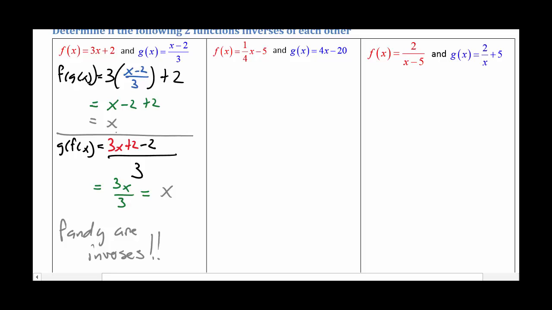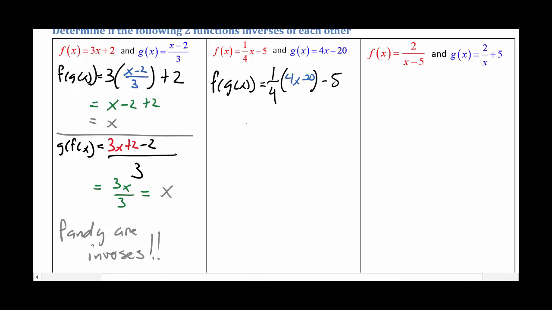So we've got f of x is 1/4 x minus 5, and g of x is 4x minus 20. We'll start with f of g of x. Our outer function is the 1/4 x minus 5. And what am I going to insert inside that parentheses? That's going to be 4x minus 20.